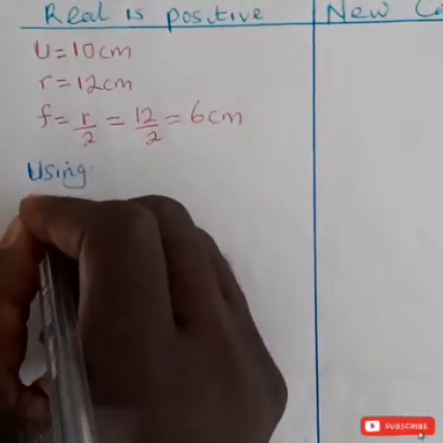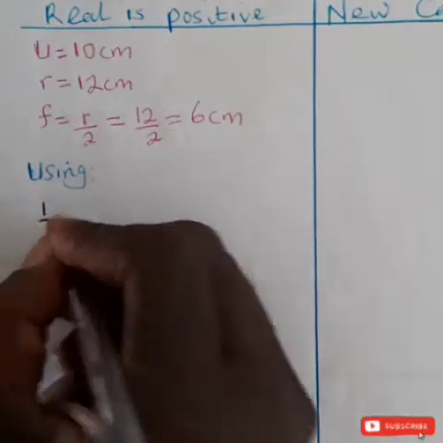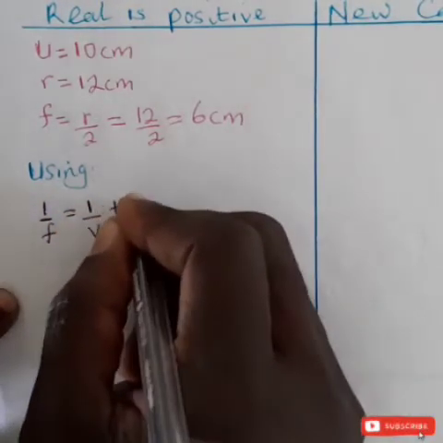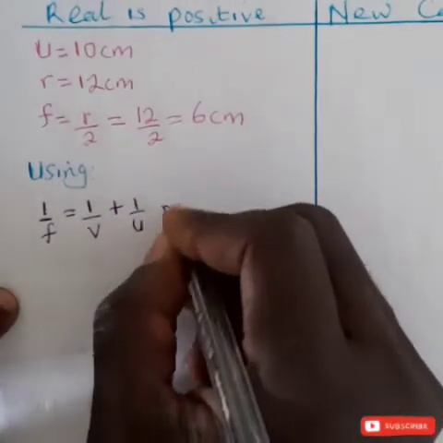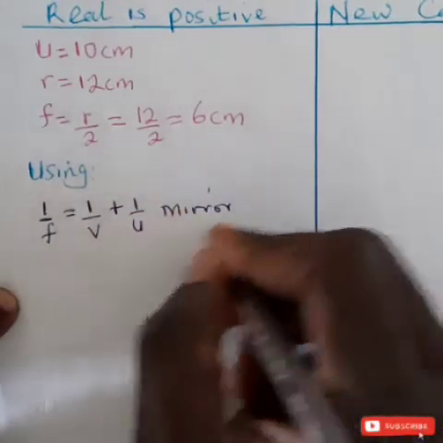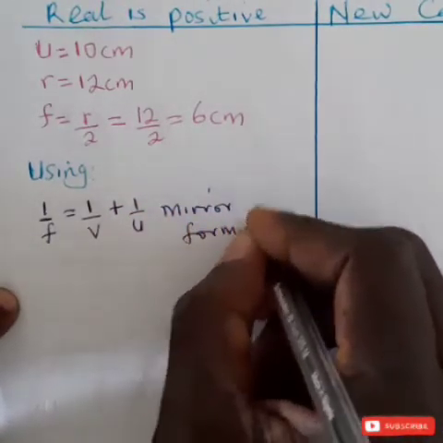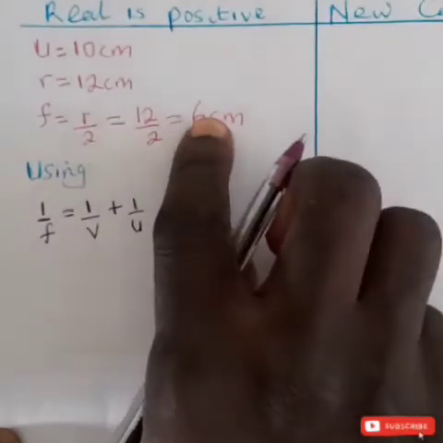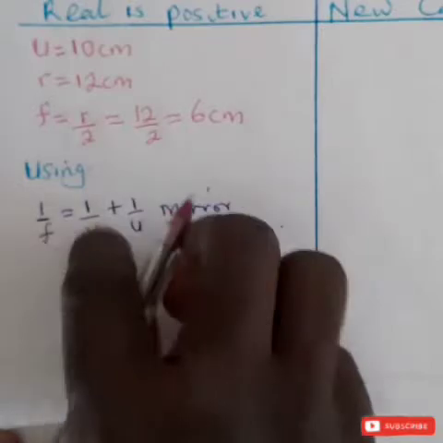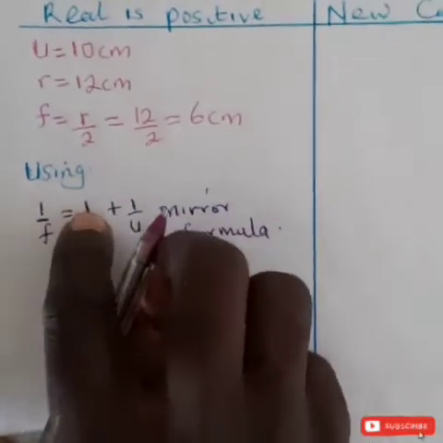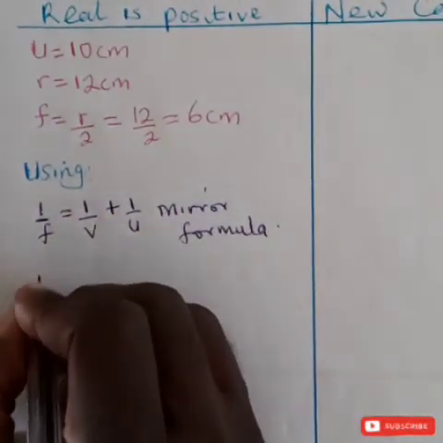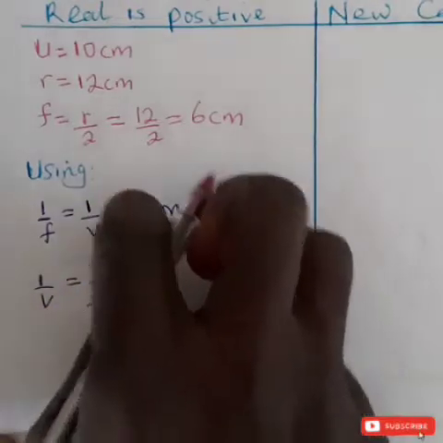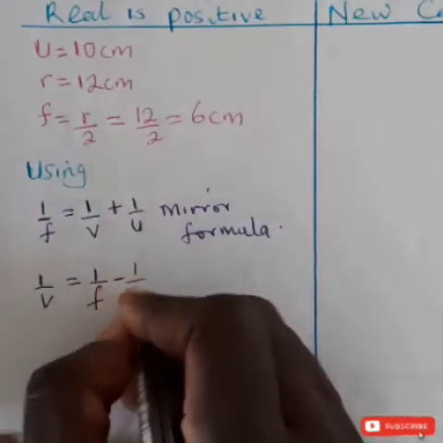Using 1 over f equals 1 over v plus 1 over u. Remember that this is the mirror formula. So using this, my focal length is 6, and we have to look for the nature and position of the image v. So I can make this the subject of the formula by doing this. 1 over v will be equal to 1 over f minus 1 over u.